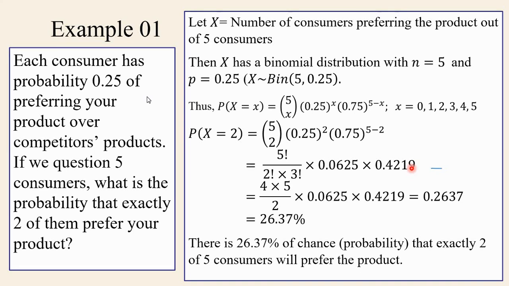So for the percentage, we have to get 2 decimals. Then simplifying this, we get 0.2637, that is 26.37%.